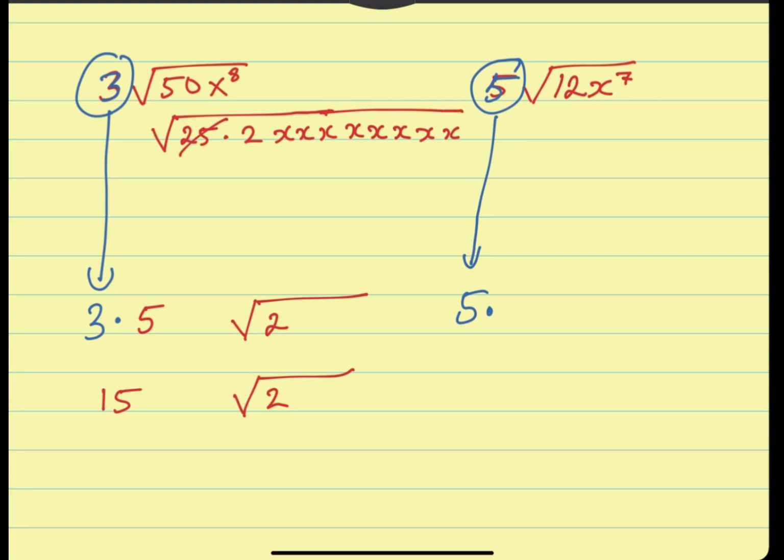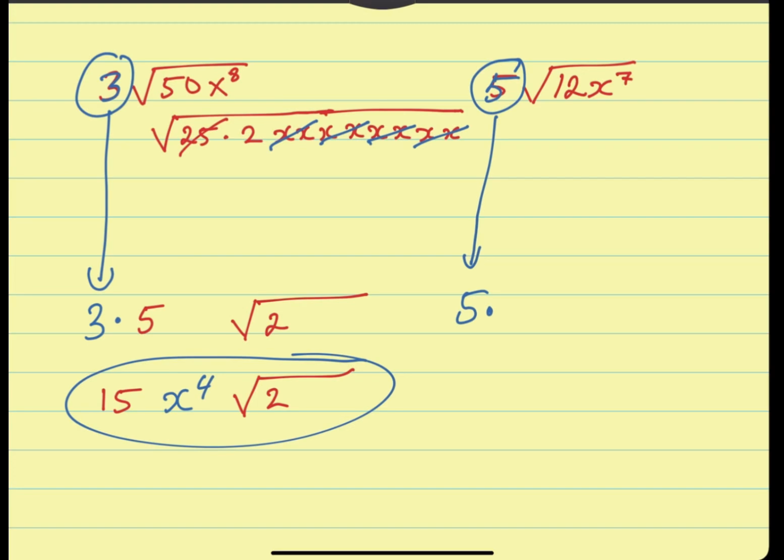Count it. 1, 2, 3, 4, 5, 6, 7, 8. All right. Now let's put them in groups of what? 2. Let's count. 1, 2, 3, 4. x to the power of what? 4. Do we have any left over? No. And that's your answer. This is your answer. That's what you type in.